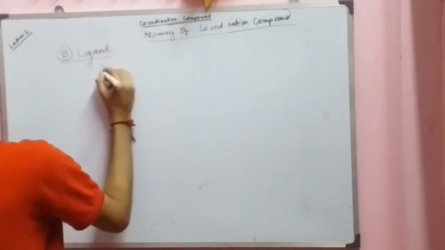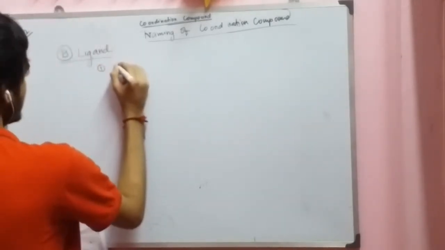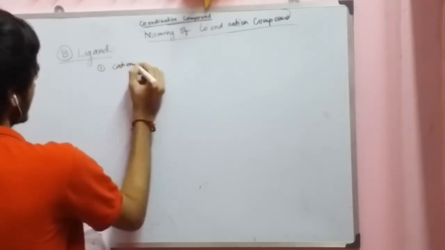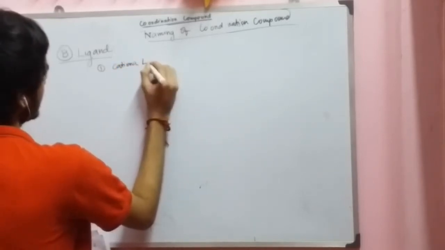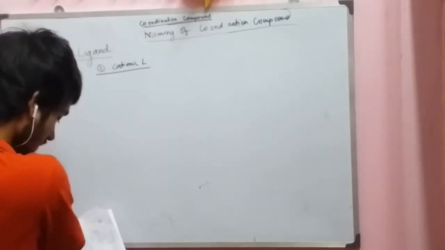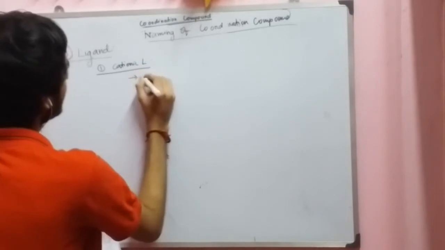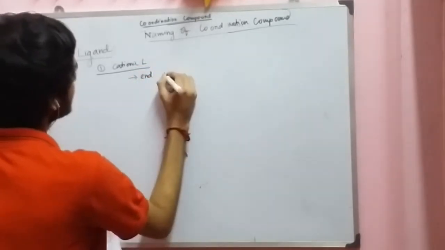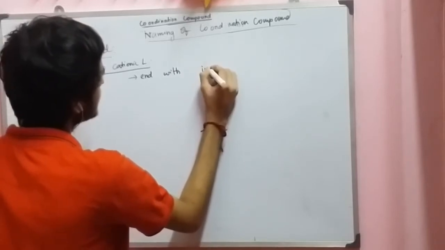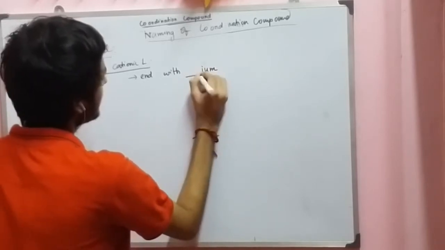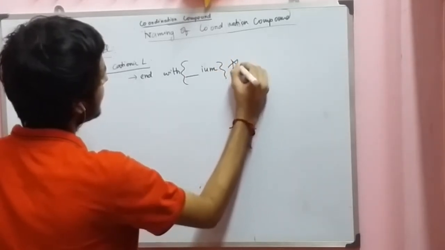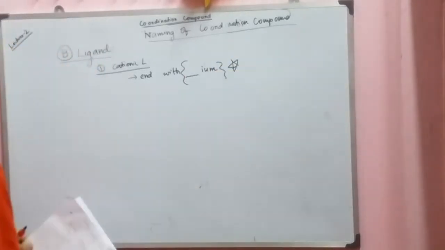The first type of ligand is the cationic ligand, and for a cationic ligand, the name ends with IUM.